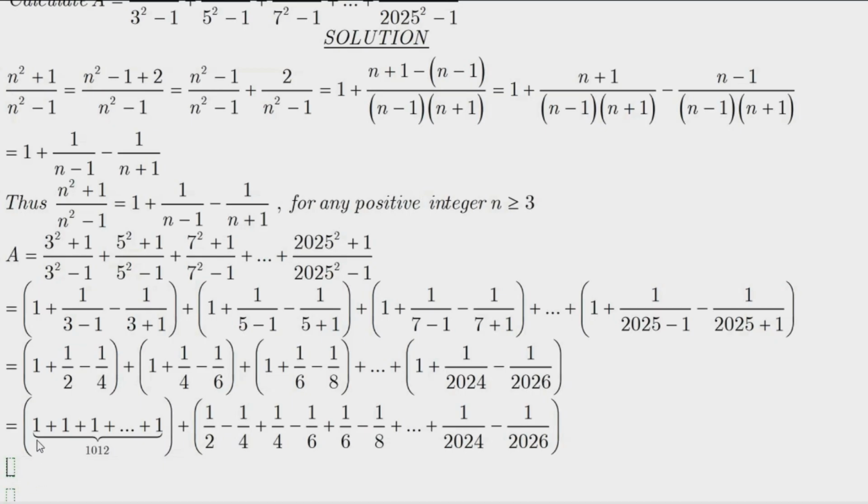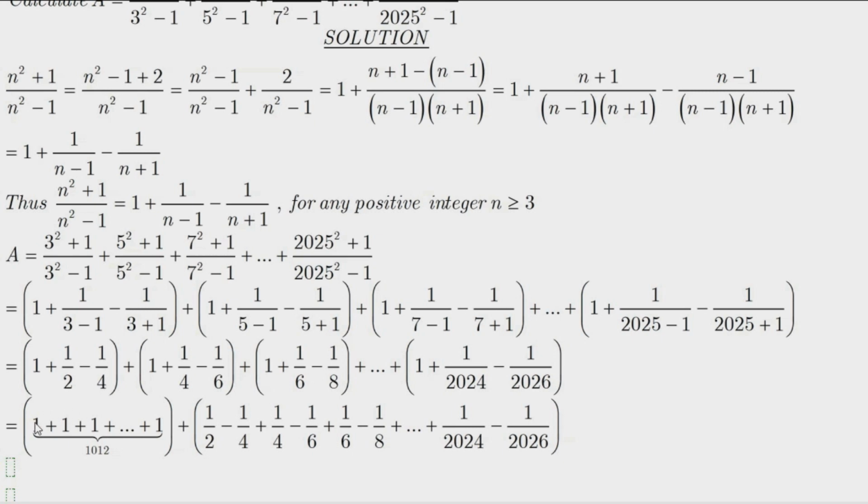As we can see, 1 plus 1 plus 1, dot dot dot, until plus 1, which is 1012 terms. How can we know that? Because 2024 divided by 2 equals 1012 terms. Look at the first two fractions: each has a 1, and we have 4 divided by 2, which is 2.